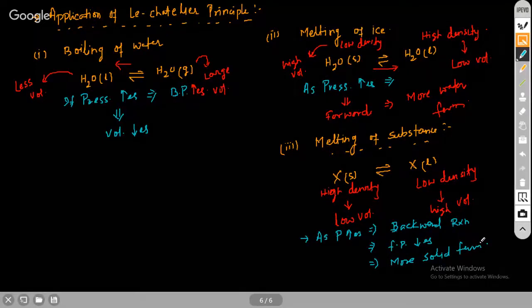Correct. This is for any other substance, not water. Here, for water, as the reaction goes in the forward direction, the freezing point will decrease because formation of ice is difficult and more water is forming. Under the same condition, if the freezing point decreases, then more ice should be there.